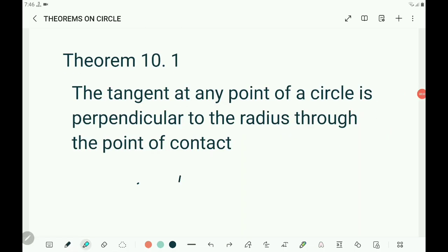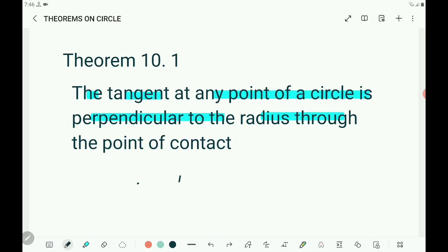So what is the statement of theorem 10.1, the first theorem on the circle? The tangent at any point of a circle is perpendicular to the radius through the point of contact.